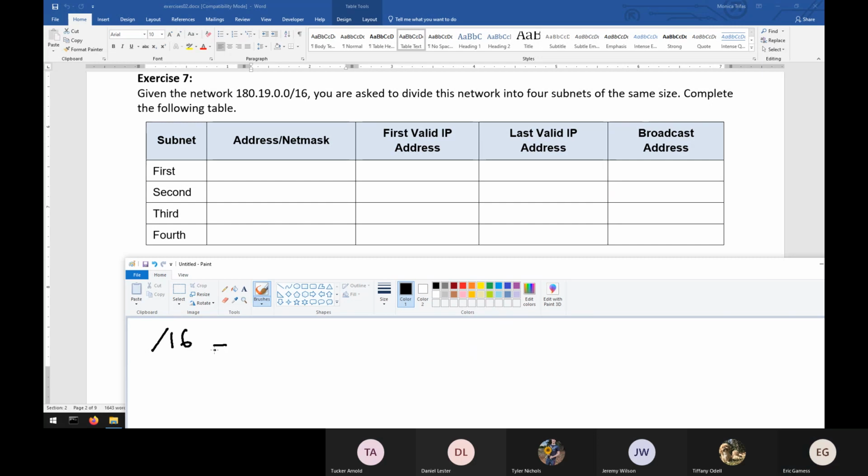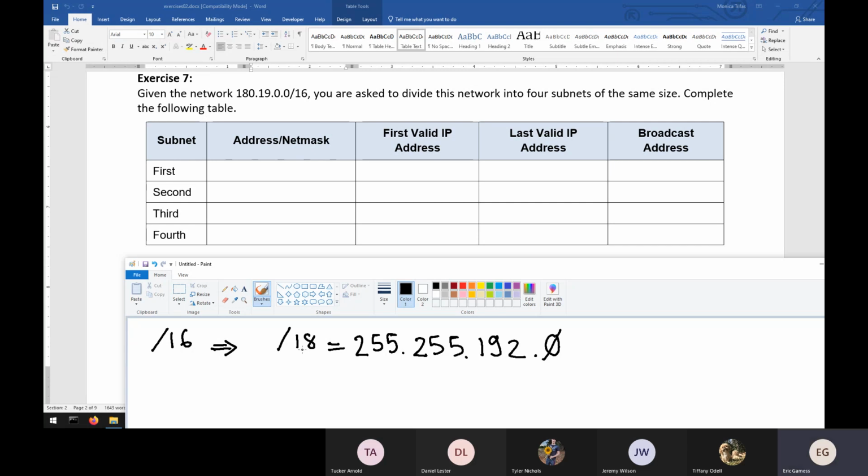If I borrow 2 bits, it will go to a /18. What is a /18 in dotted decimal notation? 255.255.192.0. That will be the subnet mask. This is the net mask, and this will be the subnet mask after borrowing 2 bits.